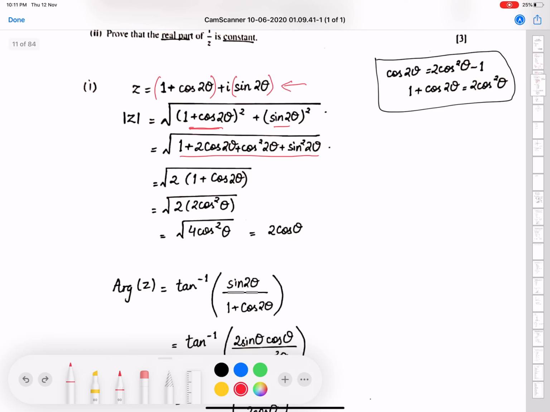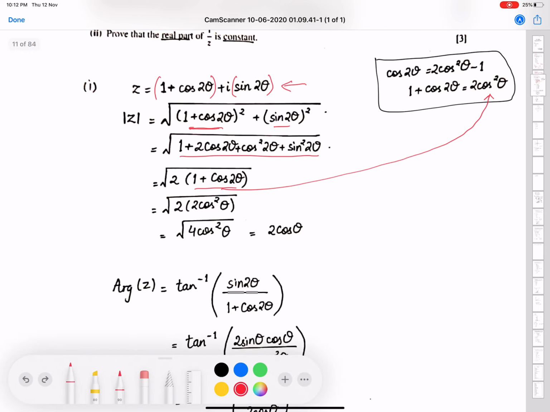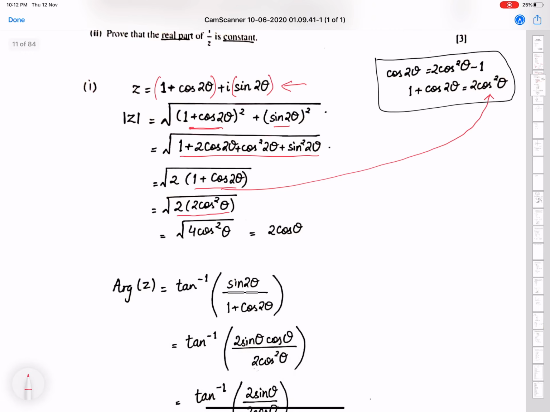And after the simplification and taking common 2, we have this. And 1 plus cos 2 theta is equal to 2 cos square theta. So by substituting 1 plus cos 2 theta by 2 cos square theta, we will get this thing. Finally, we have 4 cos square theta and then 2 cos theta shown.